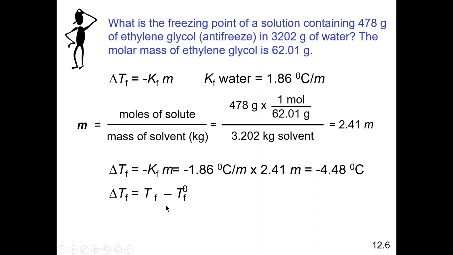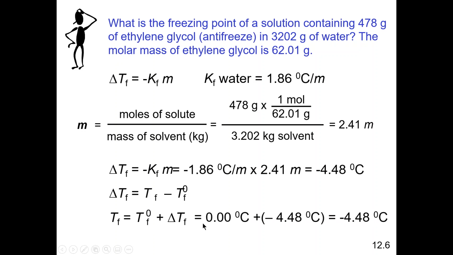So we can algebraically rearrange this equation to get Tf of the solution, which is equal to the Tf of the pure solvent plus the change in the freezing point temperature. The freezing point of the pure solvent is again given in the table that we saw on the previous slide, which is water, of course, and the freezing point is 0.00 degrees Celsius.